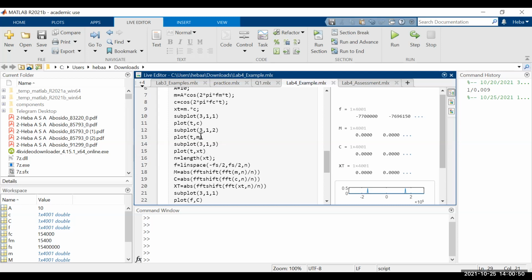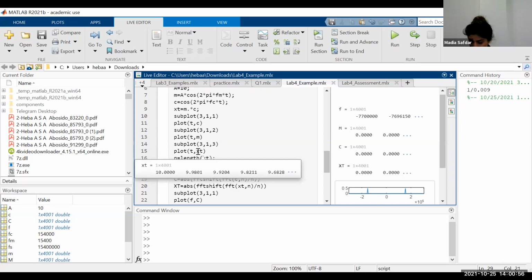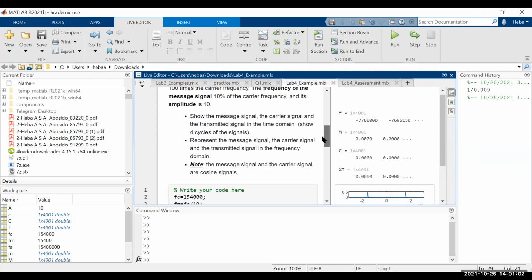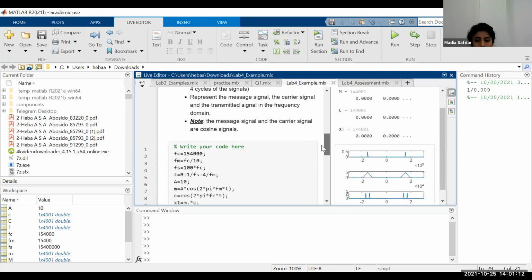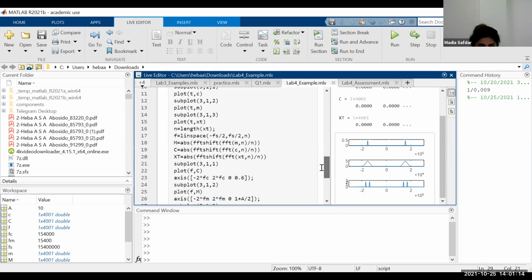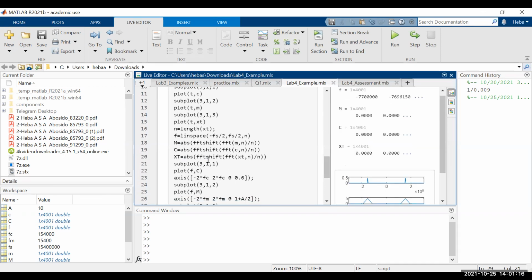This is the message signal. And this is the carrier. Then the last one is the transmitted signal. Yes, modulated signal.